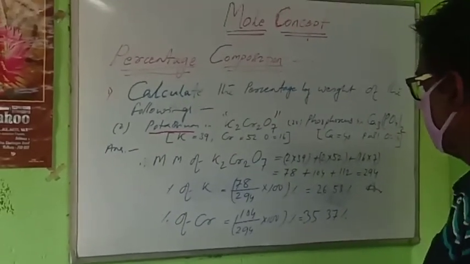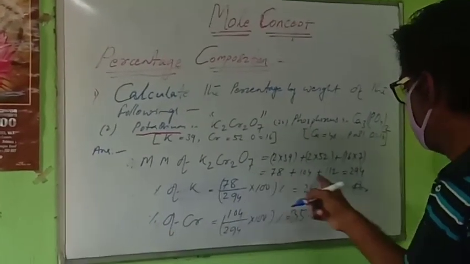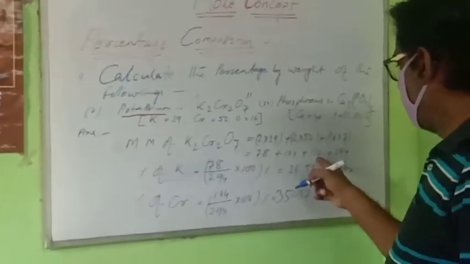Same process we can find the percentage of oxygen. Oxygen is 112 by total into 100.